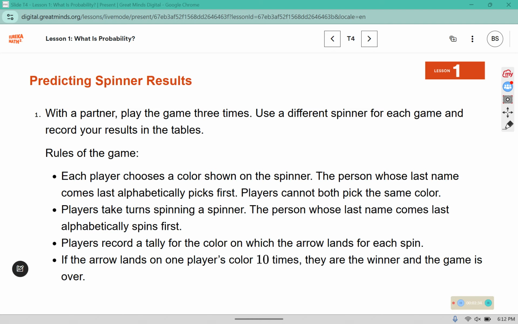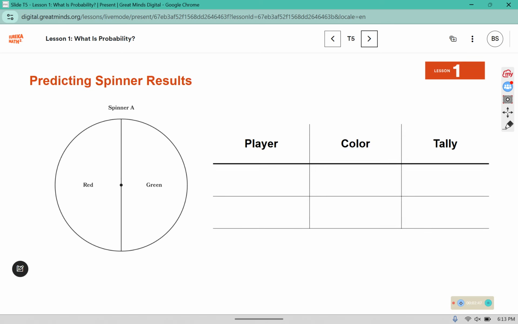You're going to record your tally for the color in the table. If the arrow lands on one player's color 10 times, they are the winner and the game is over. So for this one, I will be player 1 and you will be player 2.